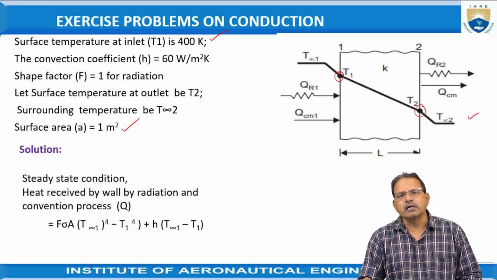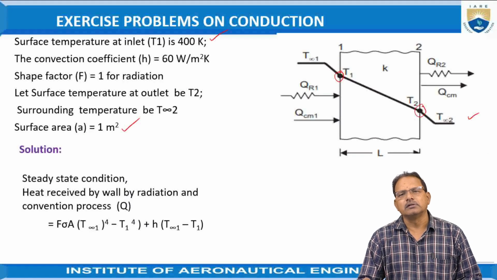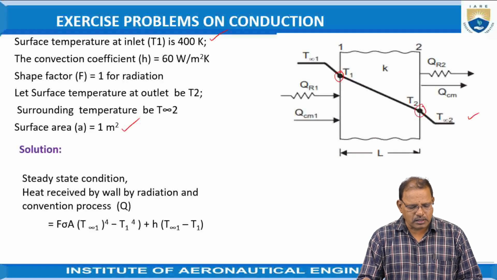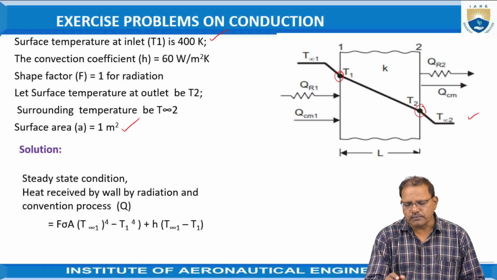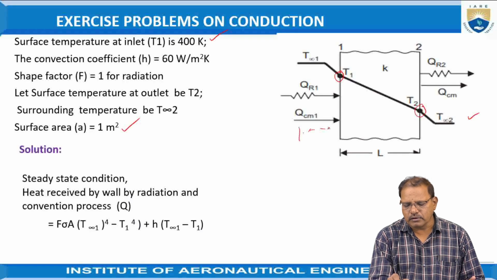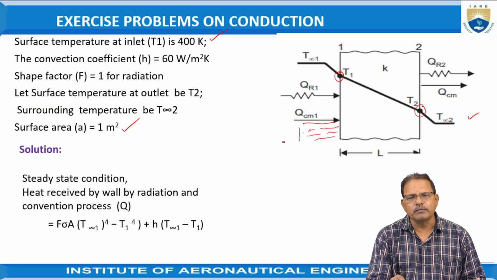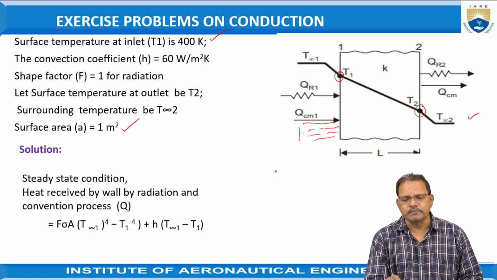Since it is a steady state condition, the amount of heat energy flowing through each section remains constant. First of all, we take the amount of heat energy flowing from the furnace to the surface which is at temperature T1, that is the air between these two. Here the heat energy flows from the furnace to the surface of the block by both convection as well as radiation.